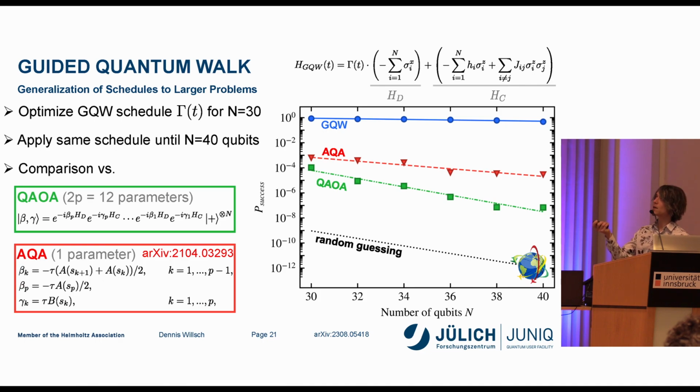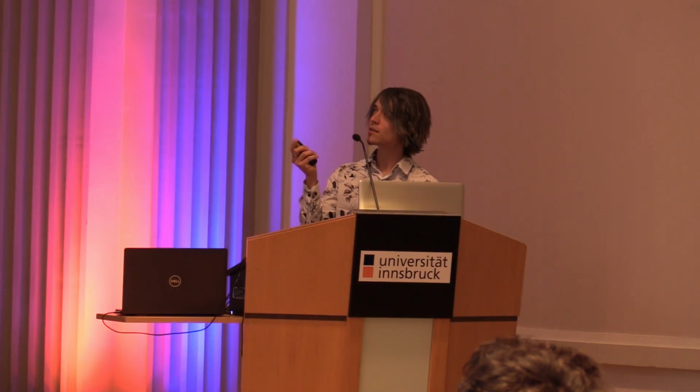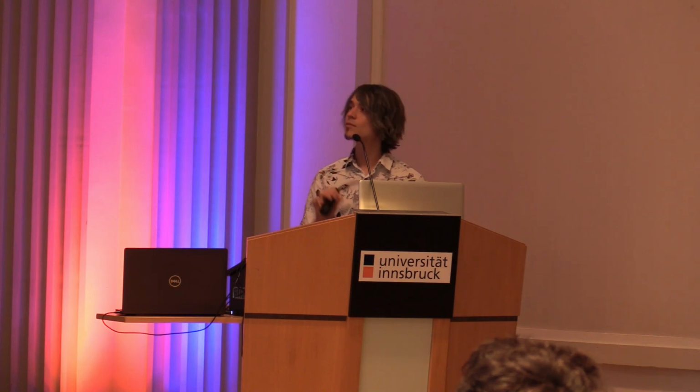With INQA, which implements the quantum annealing initialization of QAOA in a sense, we do get a better scaling, but we are still way behind what we then found the guided quantum walk produces with the same kind of resources, the same sort of optimization steps for this problem, and also the scaling is very much better until 40 qubits. Okay, so we found this surprising. This is why we then published the results, and this I would like to thank you for.